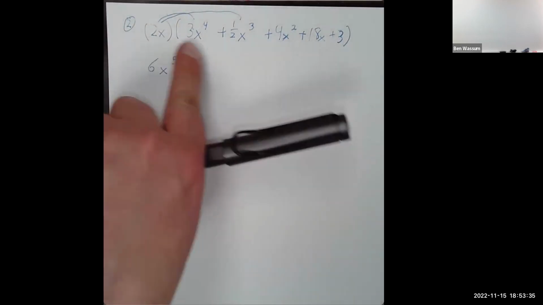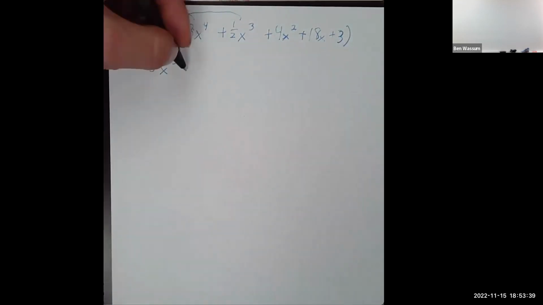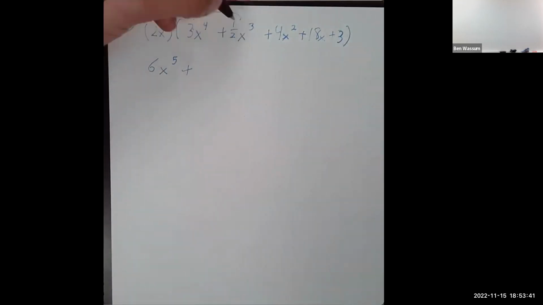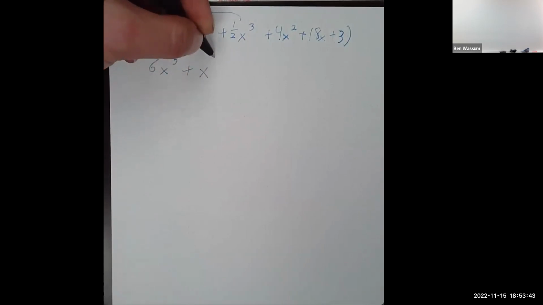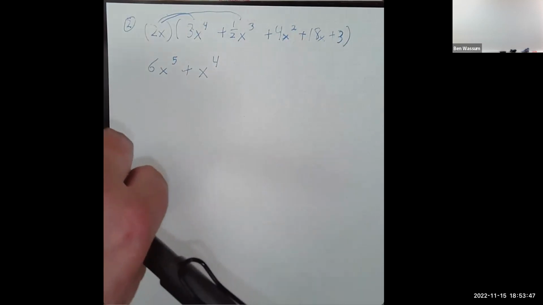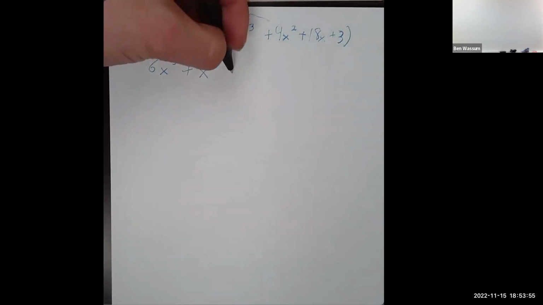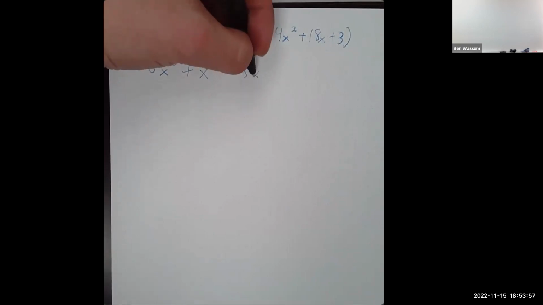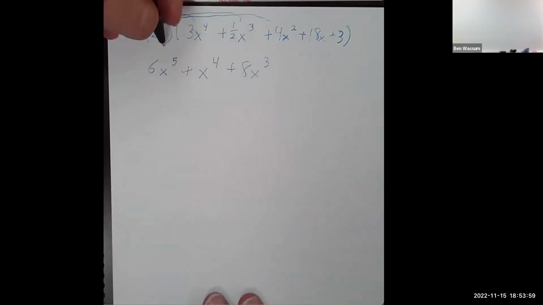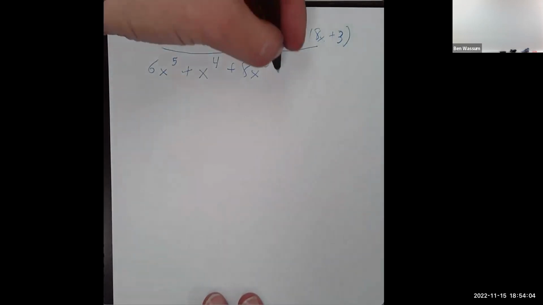2x times 1/2 x cubed, well, 2 times a half, that's 1, right? And then x times x cubed, x to the 4th. I don't have to put the 1 because 1x to the 4th is the same as x to the 4th. Then the 2x onto the 4x squared. We have 8x cubed. Running out of room up top. 2x times the 18x.